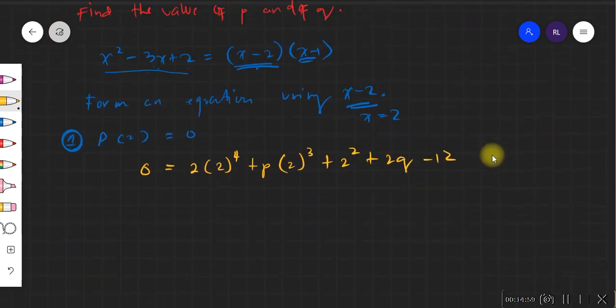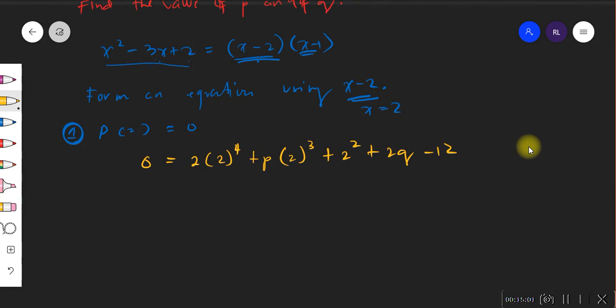So we have 2 raised to 4 is 16, times 2 is 32, which we can simplify into 2 raised to 5. And we have 2 cubed, which means 8p. Then we have another 4, then another 2q and minus 12. Okay.